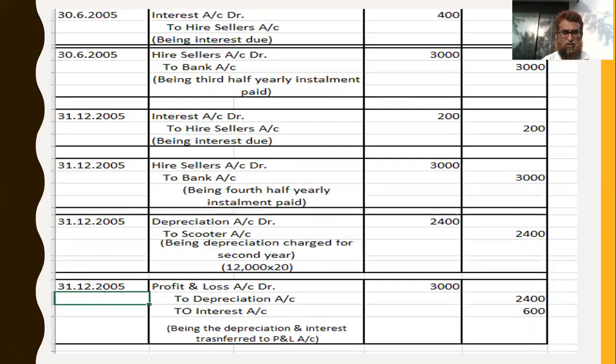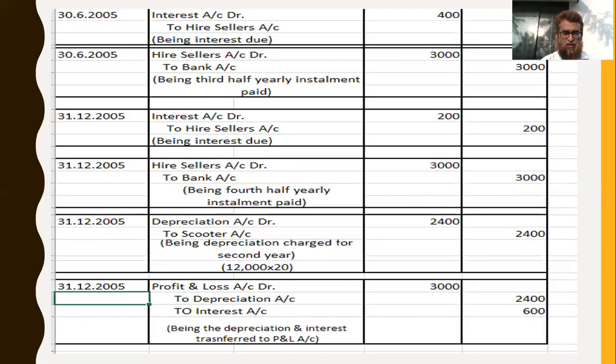Next will be the end of the second year, that is fourth installment. When the fourth installment is due, we have to pass 4 journal entries. First journal entry is interest account debit to hire seller's account, being the interest due, and amount is rupees 200. Second journal entry for this installment is hire seller's account debit to bank account, being the fourth half-yearly installment paid, rupees 3,000.